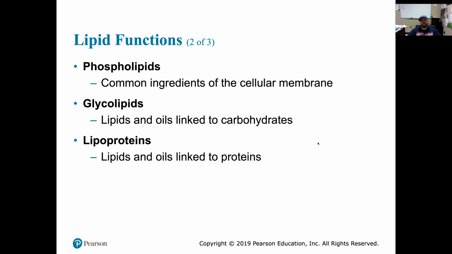Okay? These can act as tags on the outside of the cell. So sometimes when the white blood cell comes along, it's looking for a glycolipid or a lipoprotein. It scans the cell to find these recognition tags. And if they don't find it, they treat it as foreign and they destroy it.